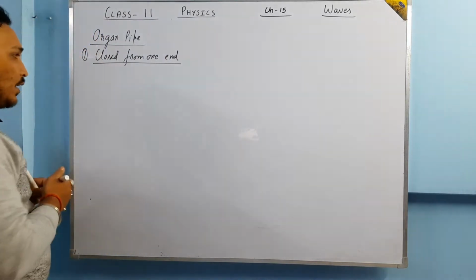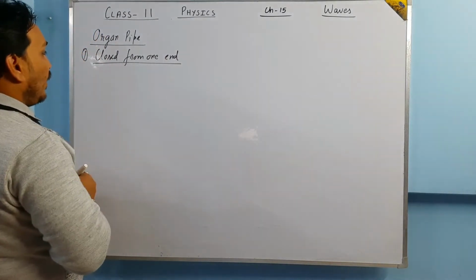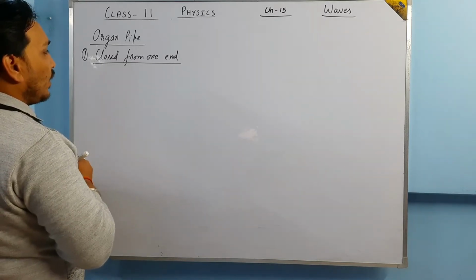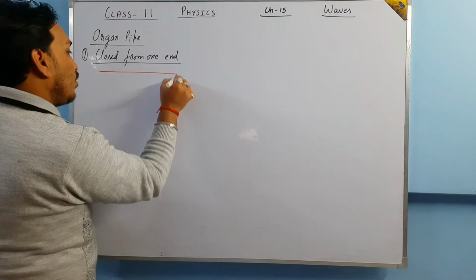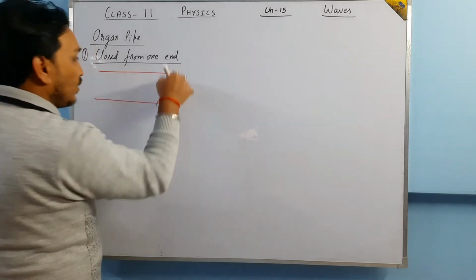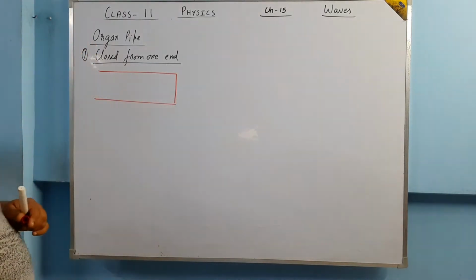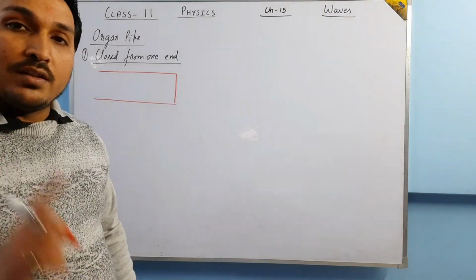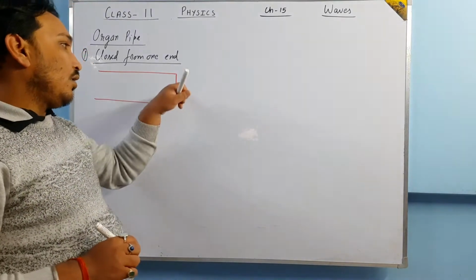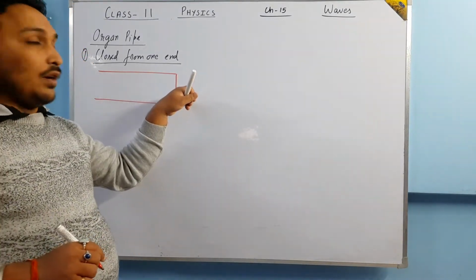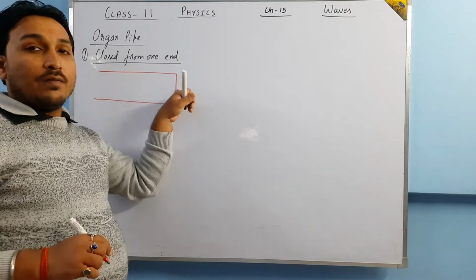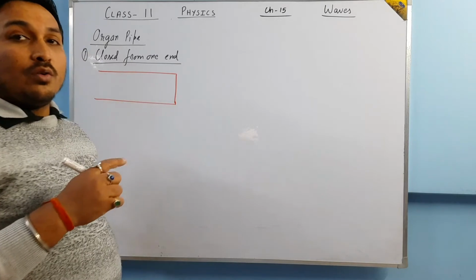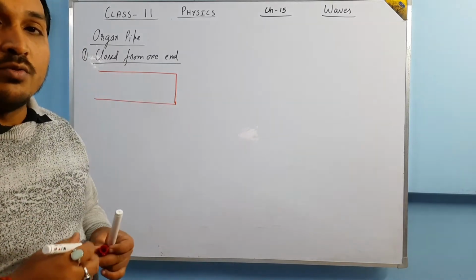Now just try to understand. Take an organ pipe which is closed from one end, suppose this is the length of the organ pipe, closed from this side. The closed end behaves as a rigid boundary, because the air particle in contact with this rigid wall will not be able to vibrate or change its position.